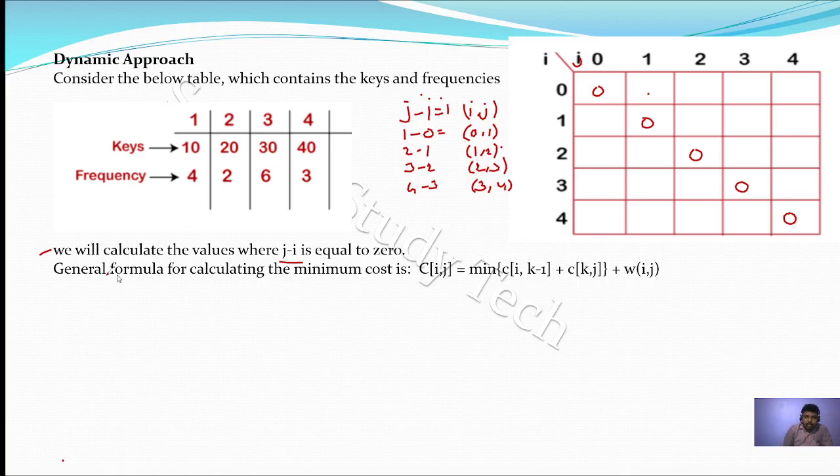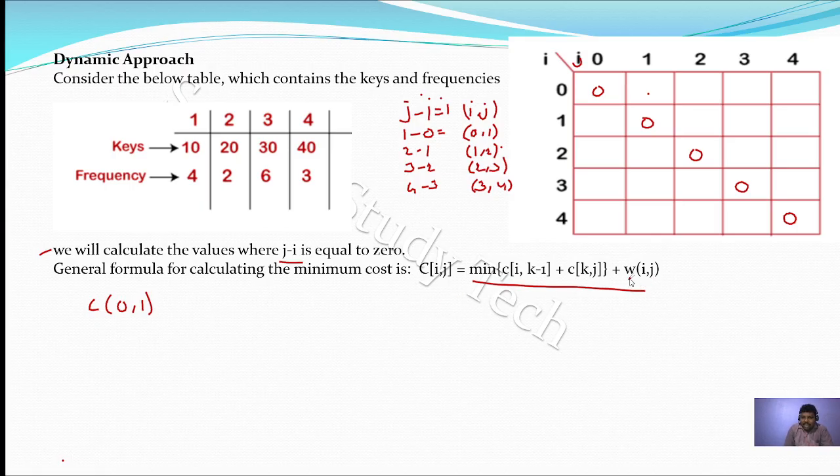Now for 0 comma 1, the cost is C of 0 comma 1. This is the formula: minimum of C of i comma k minus 1, plus C of k comma j, plus W of i comma j.